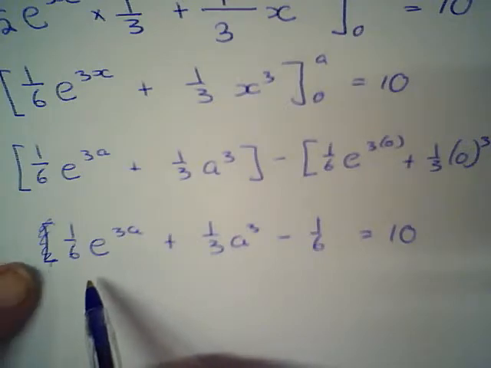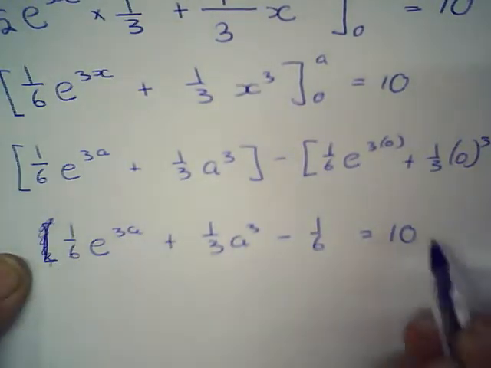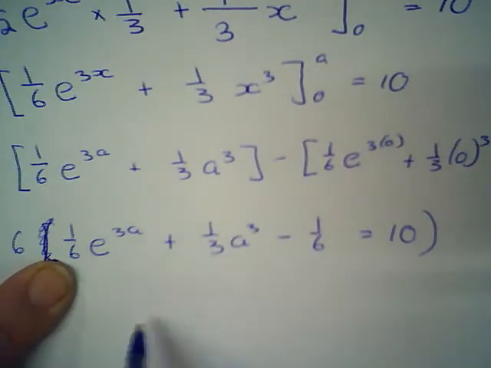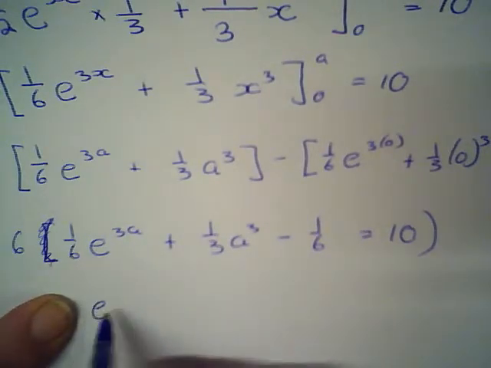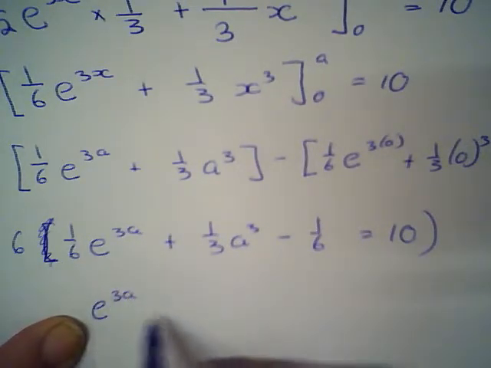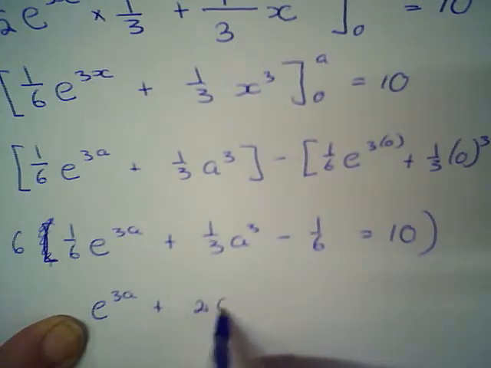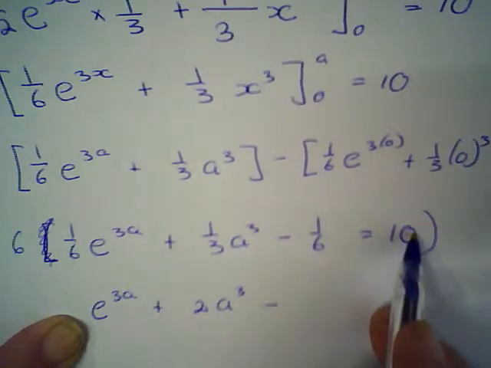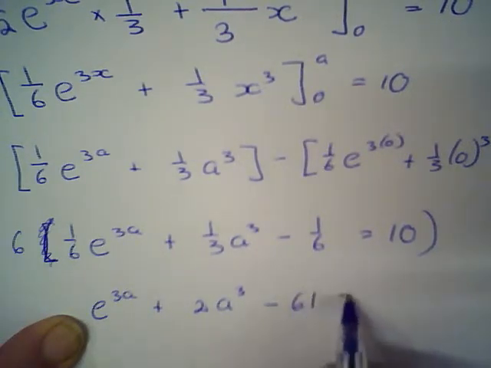This is a little bit messy. Let's multiply this whole equation by 6. That would eliminate these fractions and make it a little bit easier. e to the power 3a plus 2a cubed minus 1, so minus 61 equals 0.